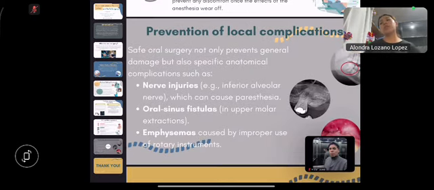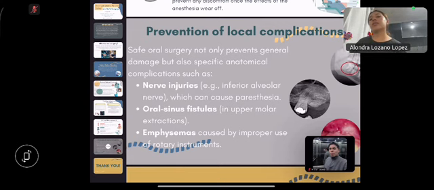Prevention of local complications. Safe oral surgery not only prevents general damage but also specific anatomical complications such as one, nerve injuries like the inferior alveolar nerve, which can cause paresthesia.